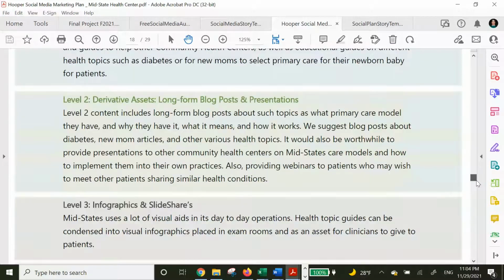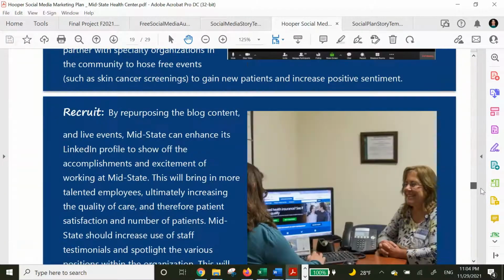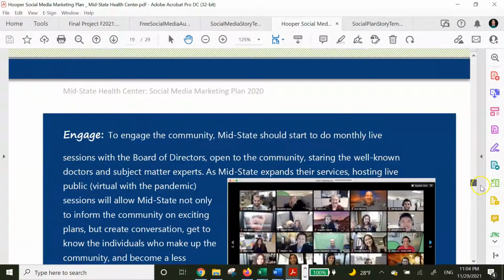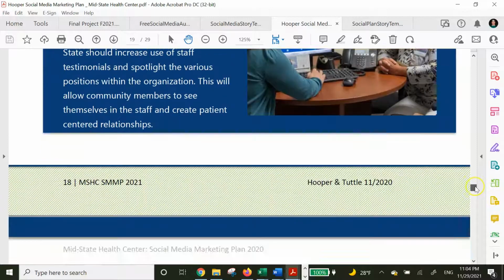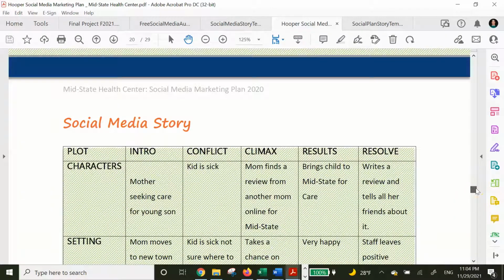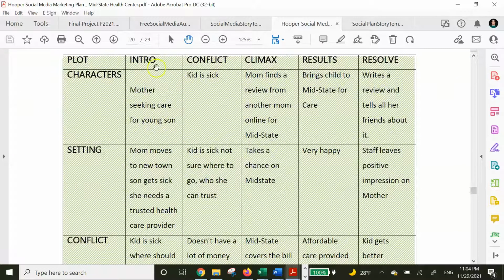There we go. All the information right there. And again, I insist, there's a lot of graphics, there's a lot of visuals. There goes the social media story, how she created the plot, the intro, the conflict, the climax, the characters, the settings. So basically you go reading this from top to bottom.